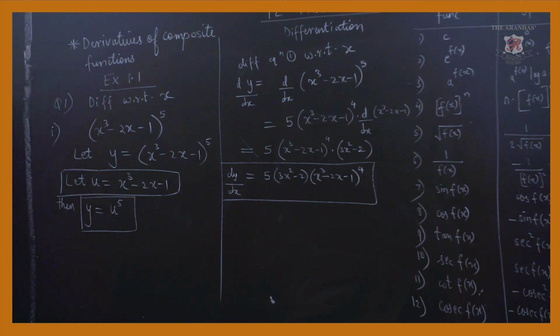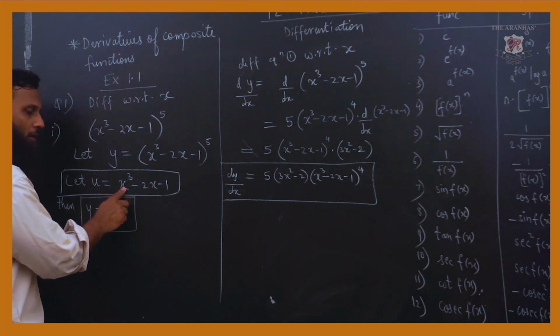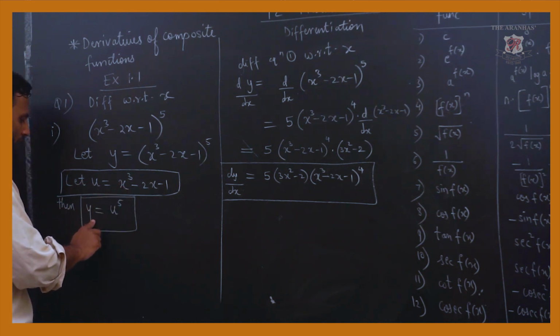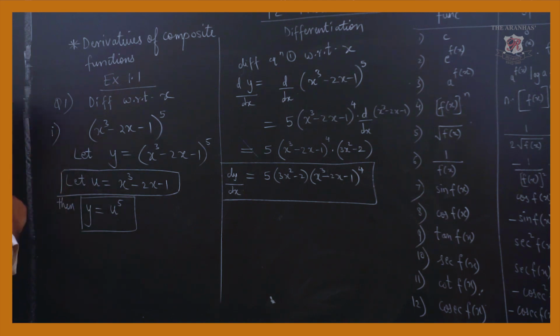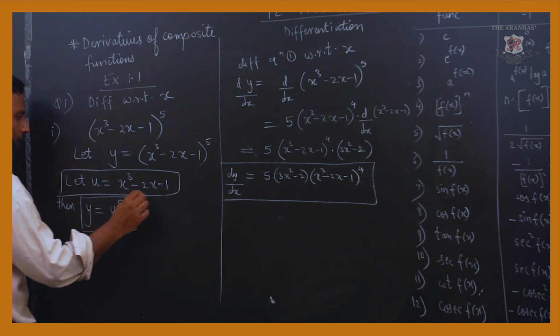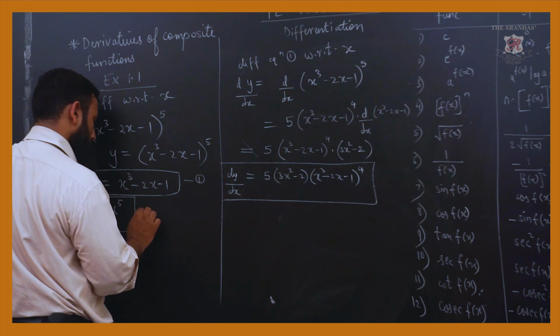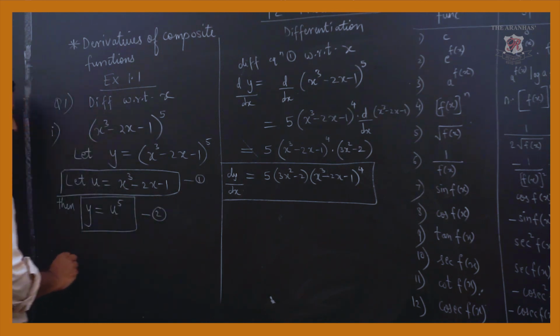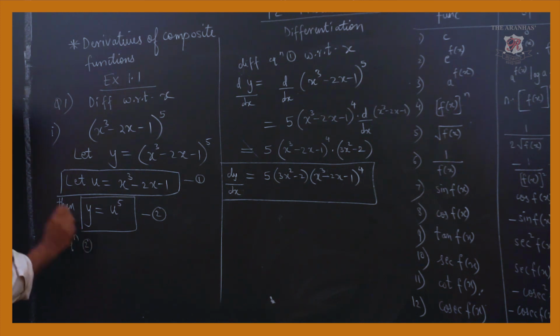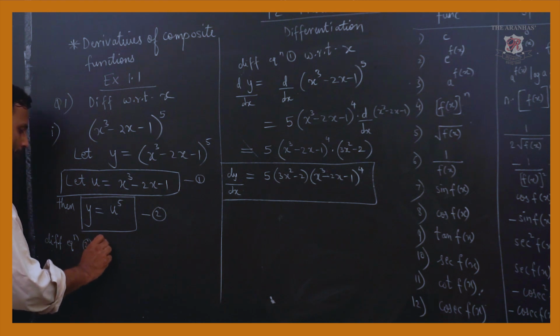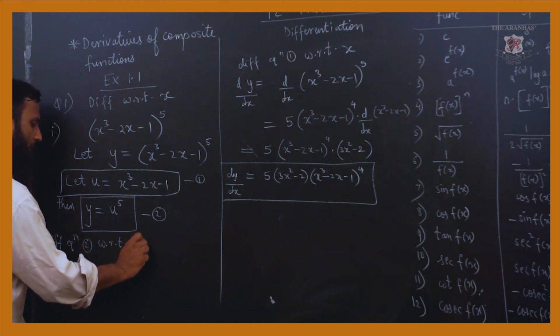Now if you see, u is a differentiable function of x and y is a differentiable function of u. So I will call this equation 1 and this equation 2. I can differentiate equation 2 with respect to u.